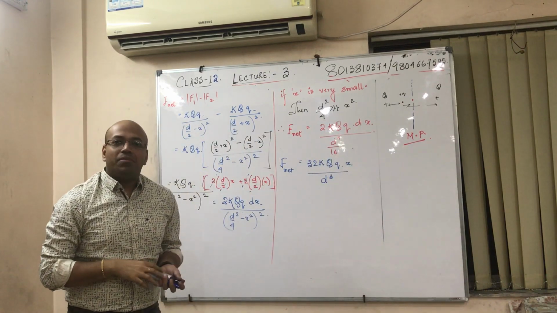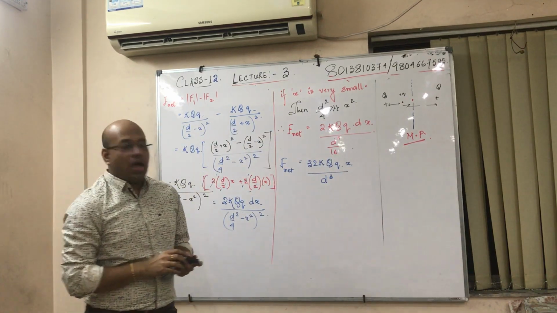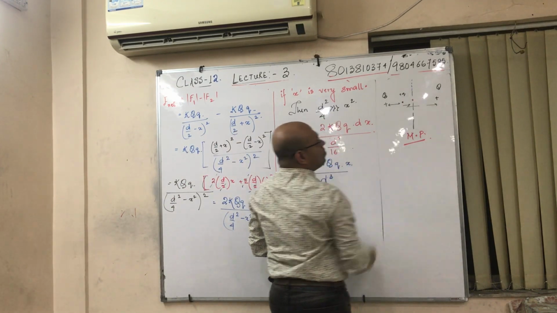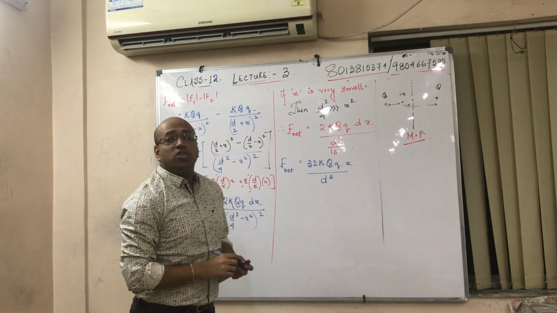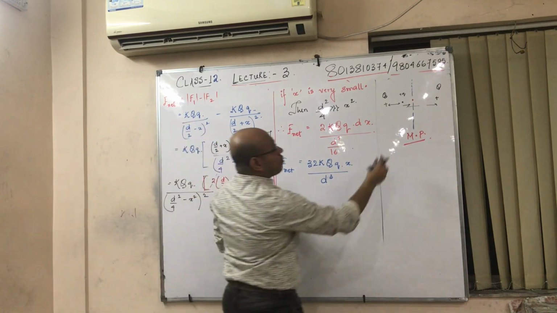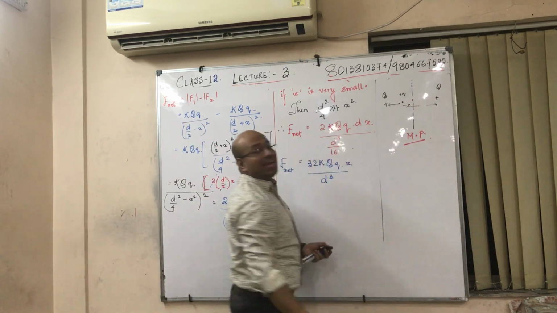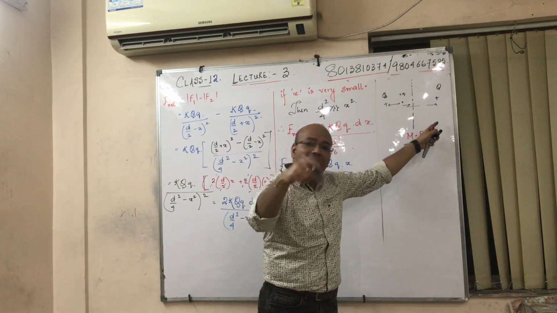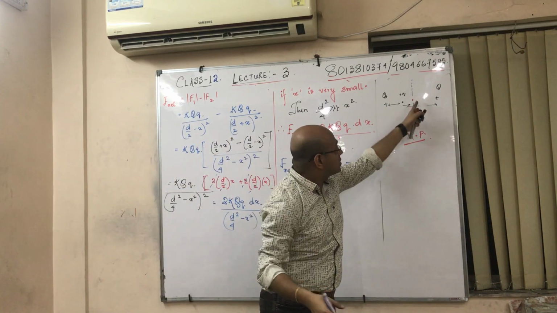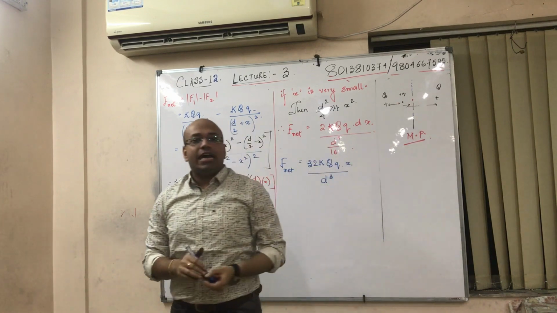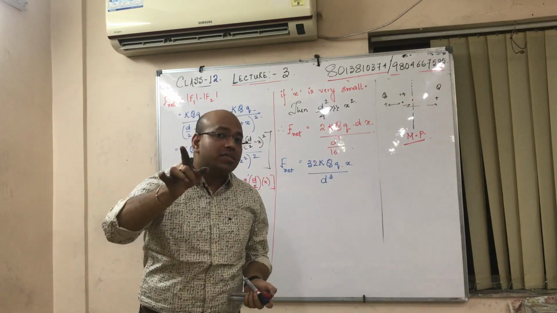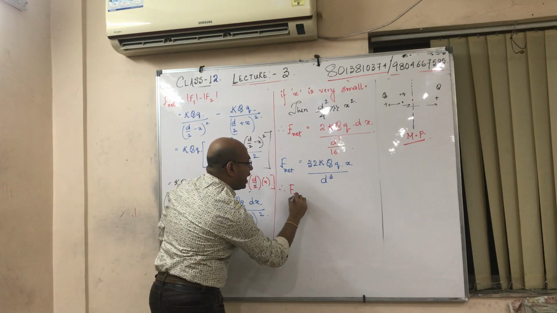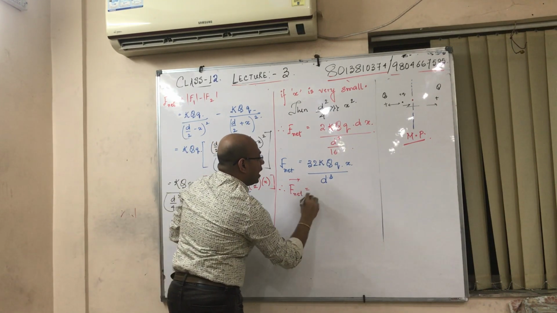Over here, the charge was displaced slightly from the mean position, and it has a tendency to return back to its mean position. The same charge has the tendency to return back to its mean position.